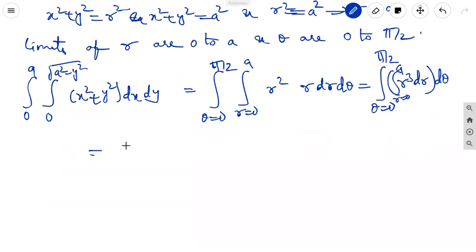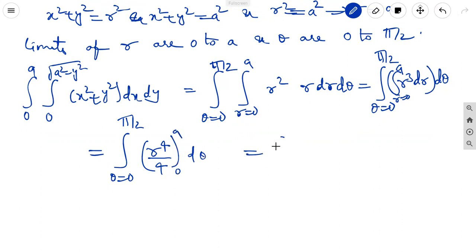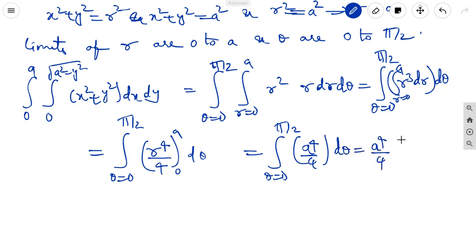It is equal to integral theta equal to 0 to pi by 2. R cube integration is r to the power of 4 by 4, d theta, with limits of r to the power of 4 by 4 from 0 to a, that is equal to theta equal to 0 to pi by 2, a to the power of 4 by 4 d theta, equal to a to the power of 4 by 4 integral theta equal to 0 to pi by 2 d theta.